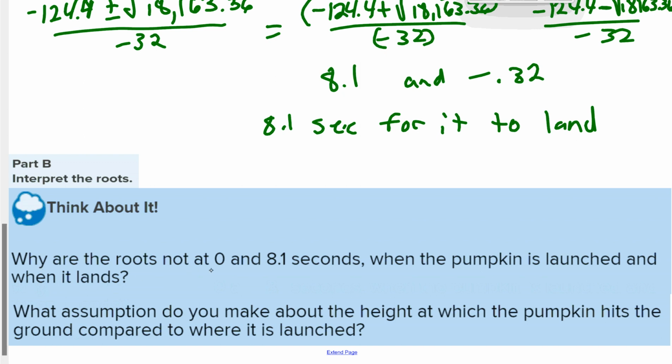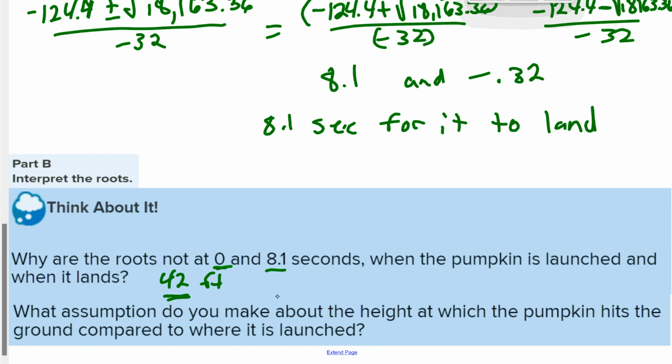So why are the roots not 0 and 8.1? Think about that. I kind of already gave you the answer: it starts at 42 feet off the ground. What assumptions did you make about the height at which the pumpkin hits the ground compared to when it starts?